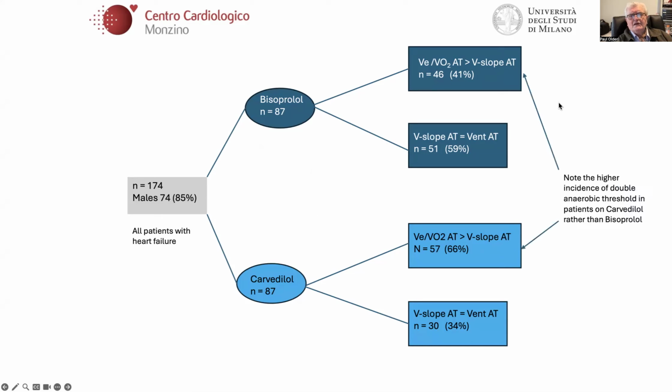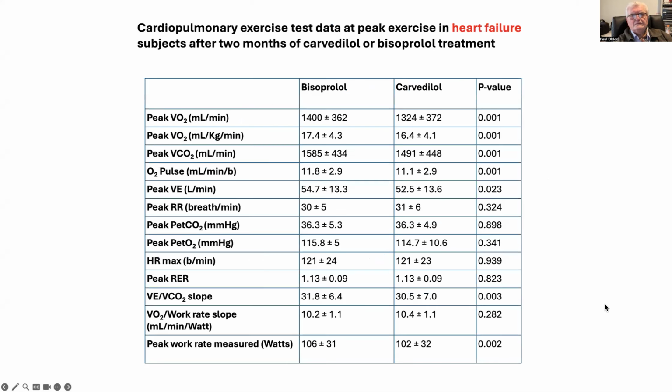But the incidence of double anaerobic threshold is much higher in patients on carvedilol than on bisoprolol. This is the exercise data in patients in heart failure after 2 months of treatment on either carvedilol or bisoprolol. You can see again that these are all statistically valid. A lot of these aren't, but these, importantly, are a marked difference.